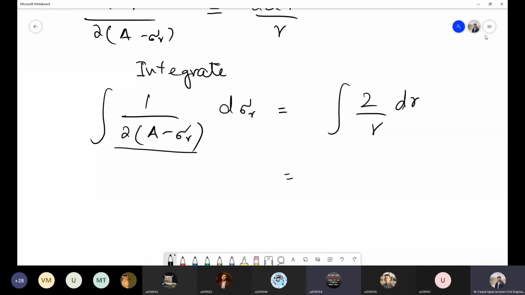For the right side, we will have obviously 1 over r, that integral will be 2 ln, or natural log, of r plus a constant, right?